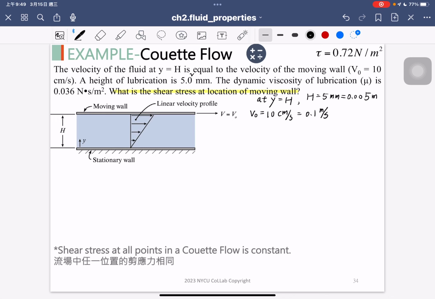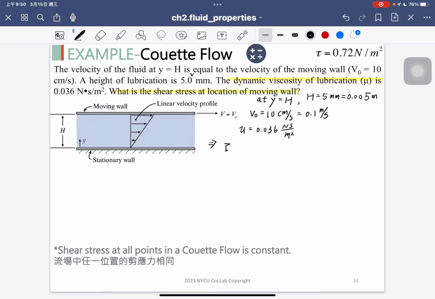And the question tells us the dynamic viscosity for the lubrication, mu, is equal to 0.036 Newton seconds per meter square. Okay, and we know that the Couette flow has a constant velocity gradient, so we can apply the viscosity equation.